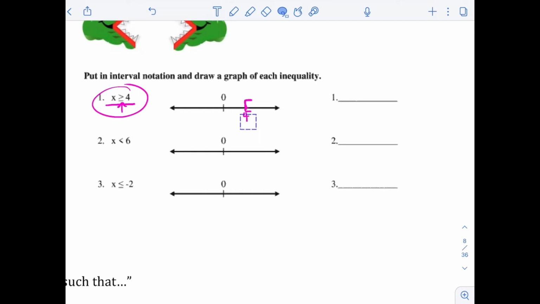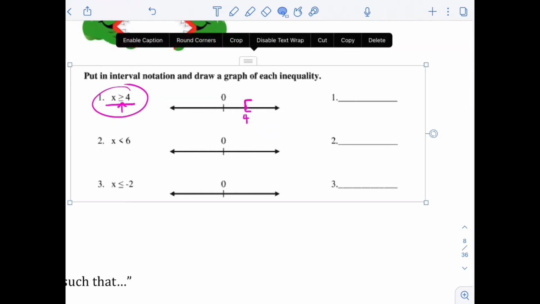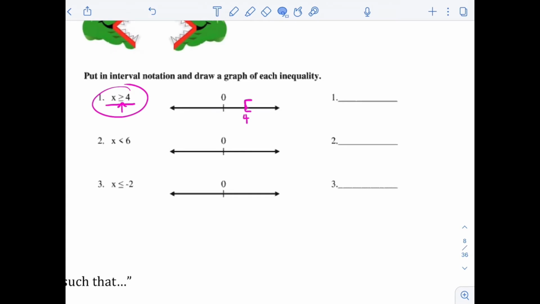So if it's greater, the bracket should look to the right side of the number that is indicated. And then all the numbers here are going to be in this solution because it's 4. I put the bracket because it's included. And anything greater than 4, that means anything on the right side of 4.